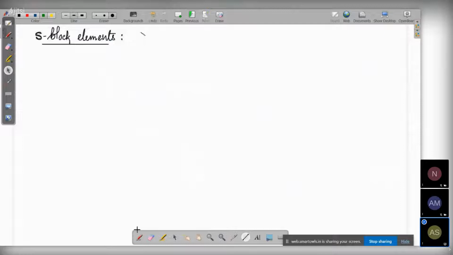So group 1 and group 2 are the S block elements. Okay. So let us write down a few configurations of group 1 and group 2 elements.